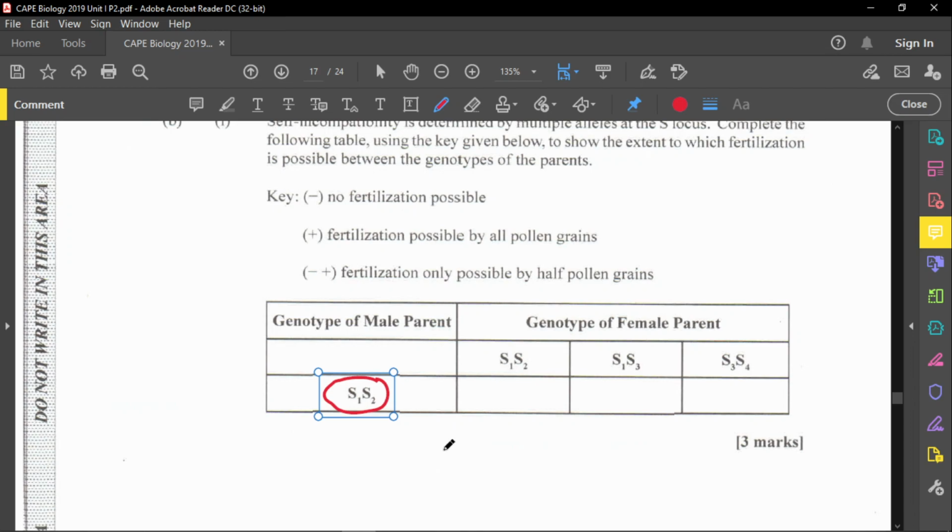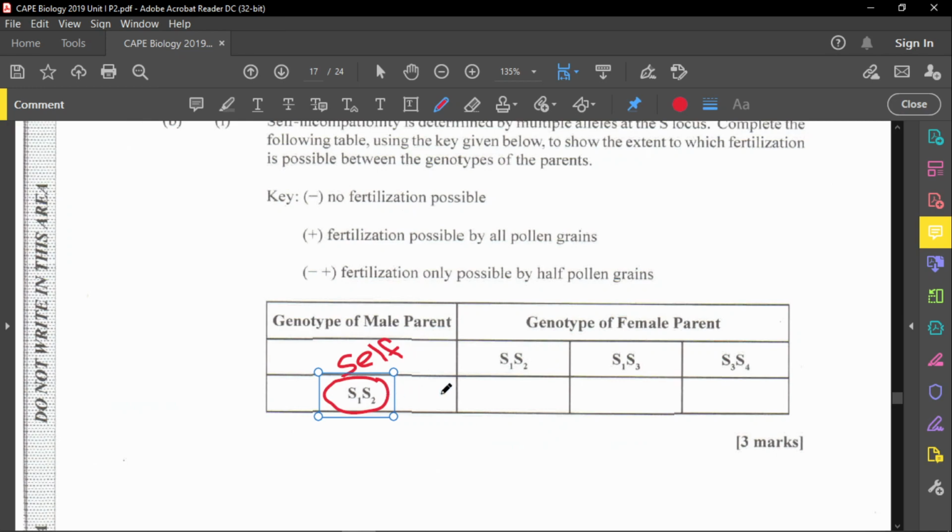So as long as 1 and 2 is there, it is not compatible. That is self. So always look at what is given and what is the same as the self. Whatever is similar to this is not compatible.